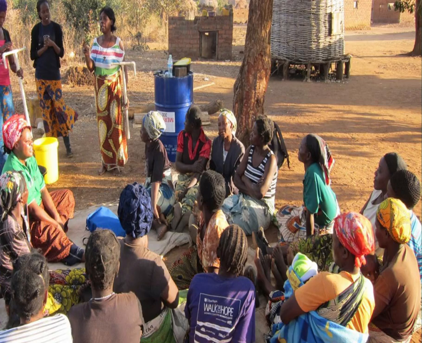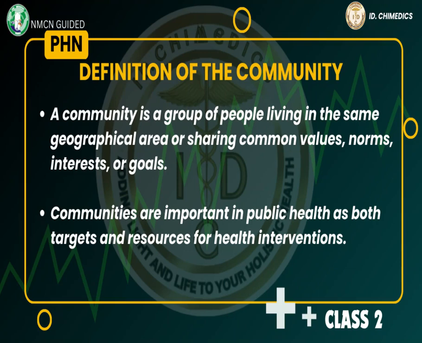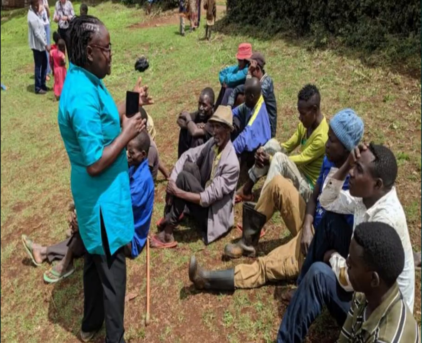Now, in public health, the community is viewed as both a target and a resource for health intervention. We target the community because it's like the SI unit. After the family, we have a group of families, a community.